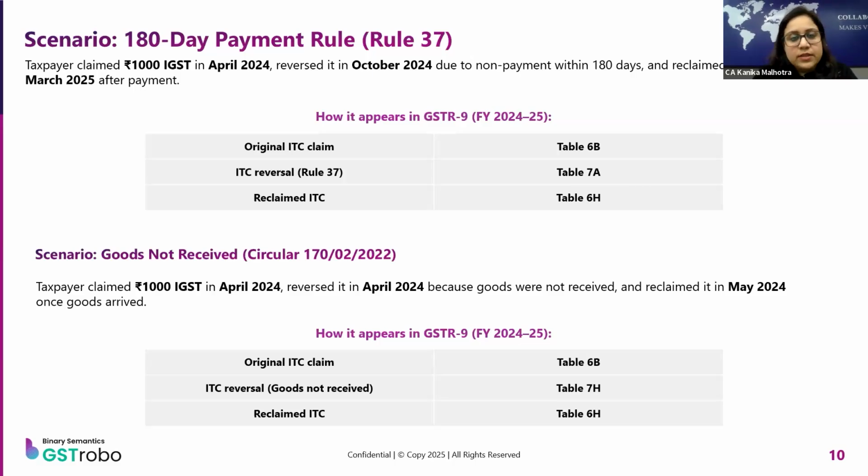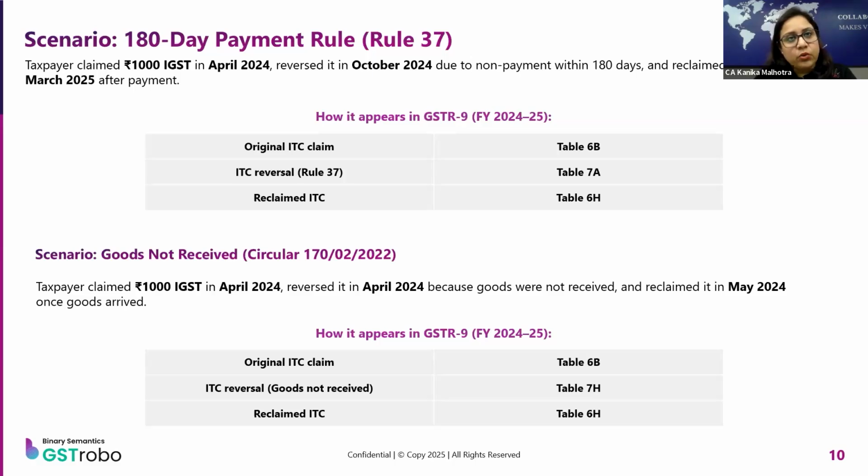In this case, the taxpayer claimed rupees 1000 IGST in April 2024, reversed it in October due to non-payment within 180 days, and reclaimed it in March 2025. So the whole cycle of claim, reverse, and reclaim happens in the same year, which might be one of the cases that falls for you also. While we are originally claiming it, the question now is how we're going to claim it. The original claim that you are claiming is through 6B.